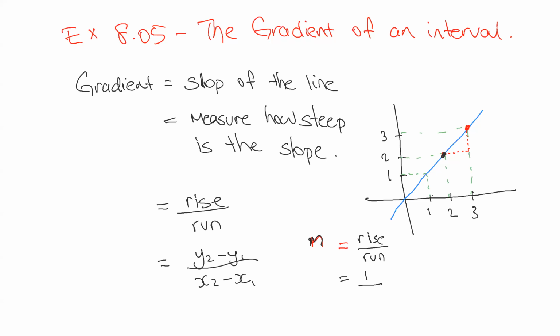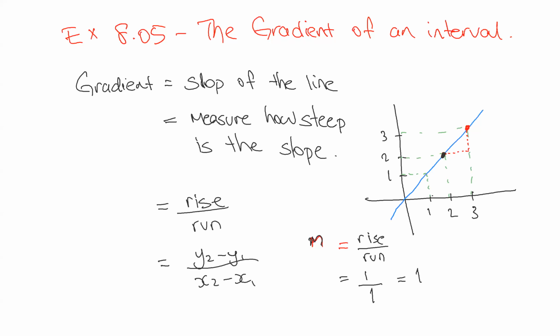How many units has the graph moved to the right when we're going from the black point to the red point? So from the black point to the red point, how many units have we gone towards the right? 1. So our gradient is 1 in this case.